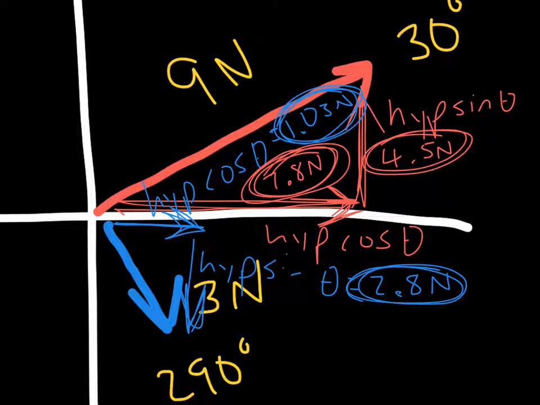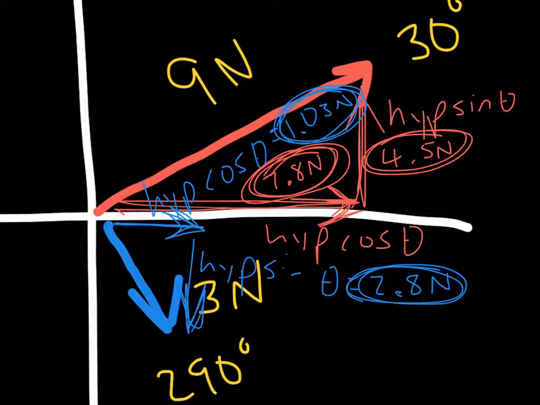When you do your plug and chug, this component vector is going to be 4.5 newtons. In other words, it's going to be hypotenuse, which is 9 newtons, sine of 30 degrees. This component is going to be 7.8 newtons after you follow through with hypotenuse cosine theta.